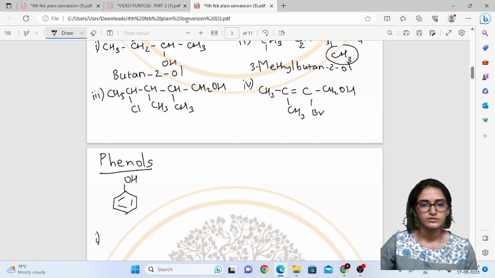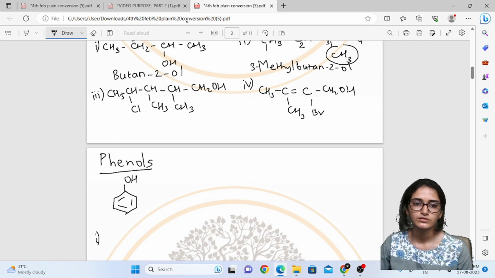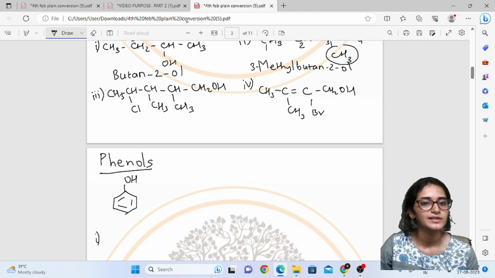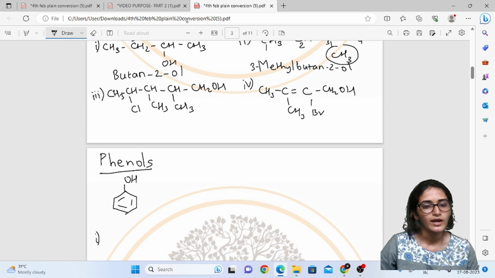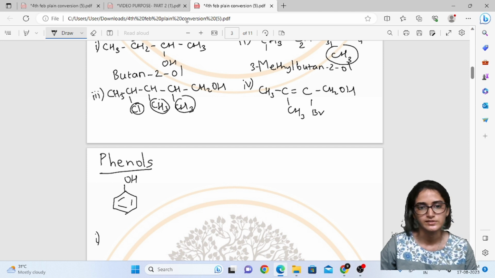Now here you can all see the complexity level is a little high. If you see the longest chain, we have this chain of 1, 2, 3, 4, 5 carbons attached to that OH group, and these 3 groups will act as substituents. So this and this. So there are 3 substituents here.